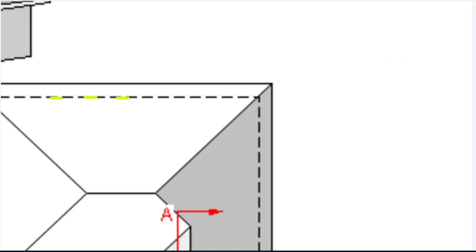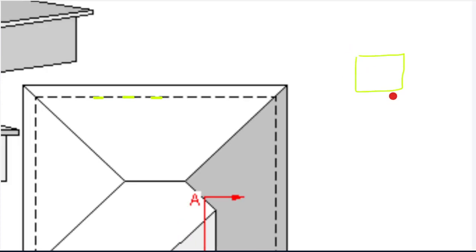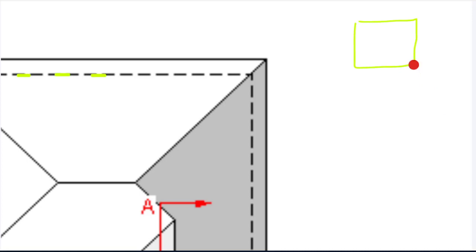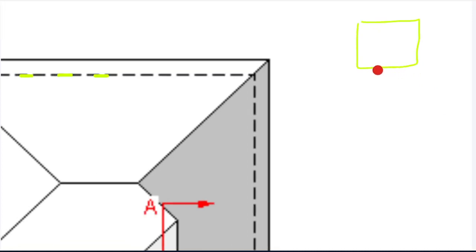So you have a plan, and here is the entrance, okay? Here is the entrance in your plan. And in order to draw this entrance, let's put it at the center.